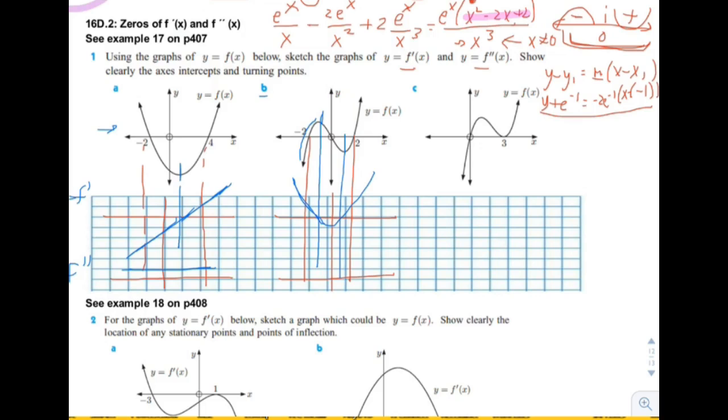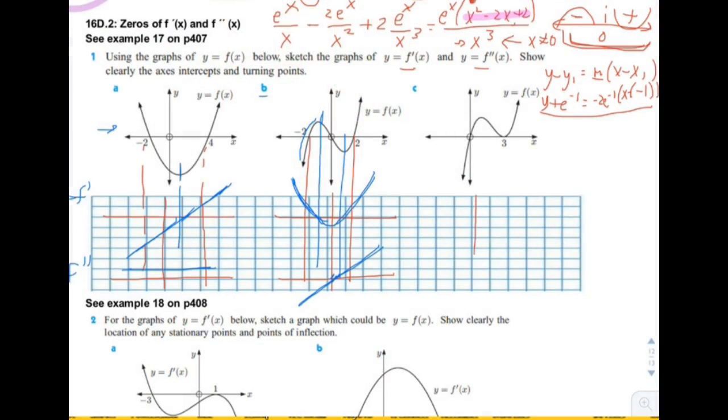All right, and then if I take the derivative again, it's going to be a linear equation, positive starting at this point, and negative to the left of that, right? Because here it's going down, and here it's going up. Okay, this should remind you of what we did during the investigation.